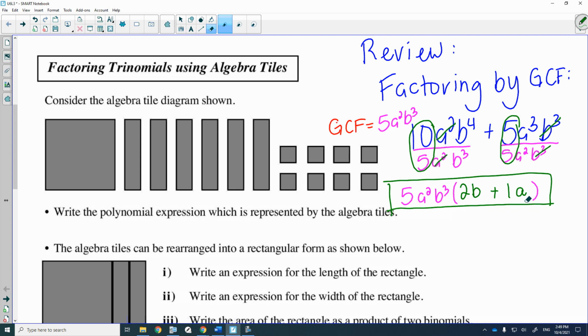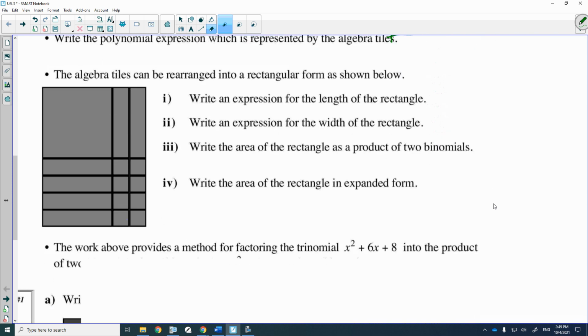Okay, let's look at what this inspection or this PSA 1 will be. What I want you to do is go over here where you see this expression, and it's a trinomial.